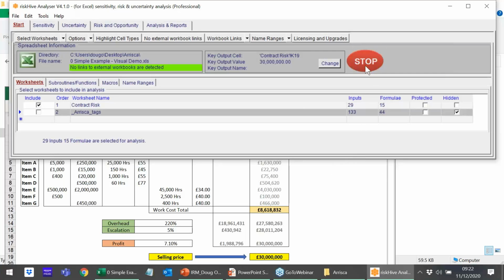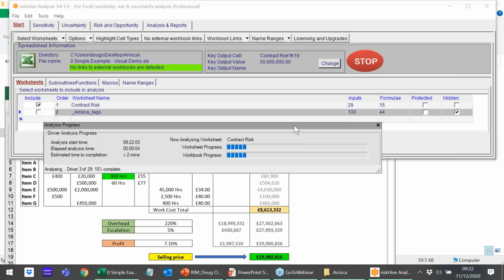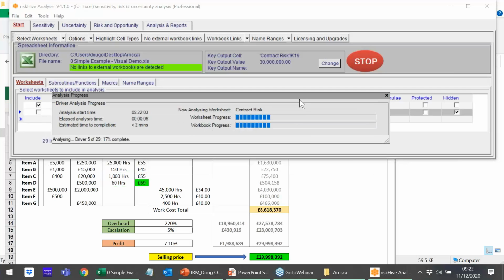If I hit this button, you're going to see the tool cycling through each of the inputs to the model and changing them by a certain amount. I've put it in this iterative mode so you can see the flash and see the model doing its work. I think the default is plus or minus 10%, and it's keeping track of the results.